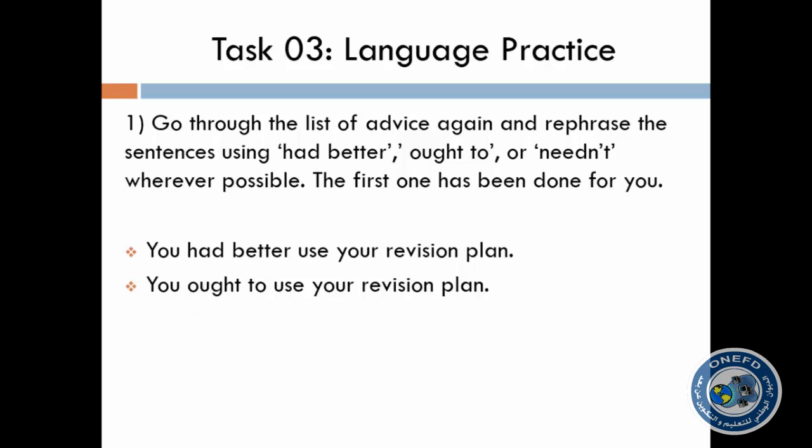They will give you two sentences, sentence A and sentence B. They would tell you to write sentence B so that it means the same as sentence A. So it means that you are going to rewrite the same sentence in a different way, but still keeping the same meaning.